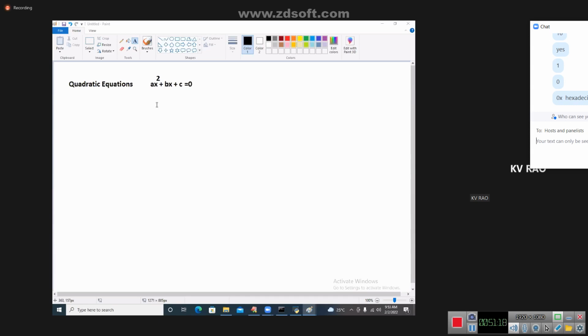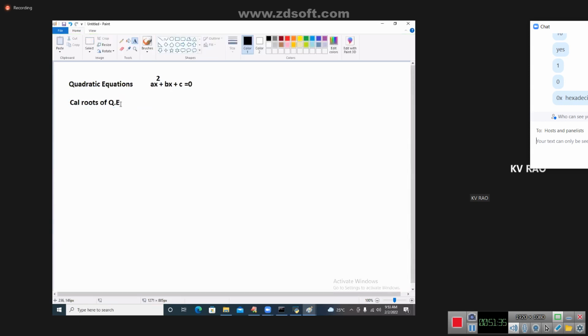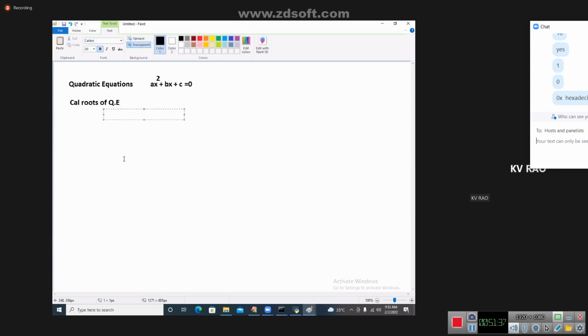Okay, we want to calculate, see students, the roots of a quadratic equation, QE. I am not writing the complete QE. What is the formula for it? Very, very simple.